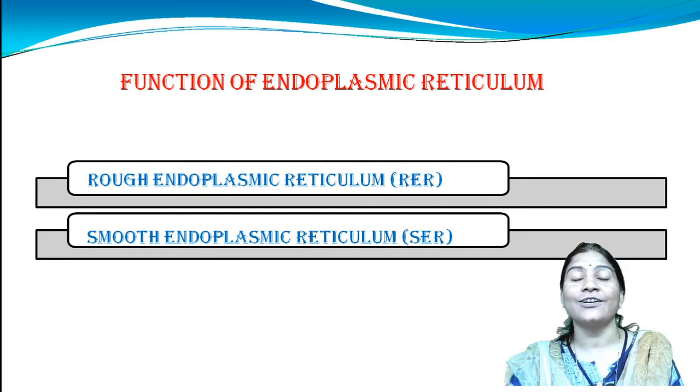So we know that on the basis of morphology, or whether the ribosomes are present or absent, the endoplasmic reticulum has two types, that is the rough endoplasmic reticulum and the smooth endoplasmic reticulum.